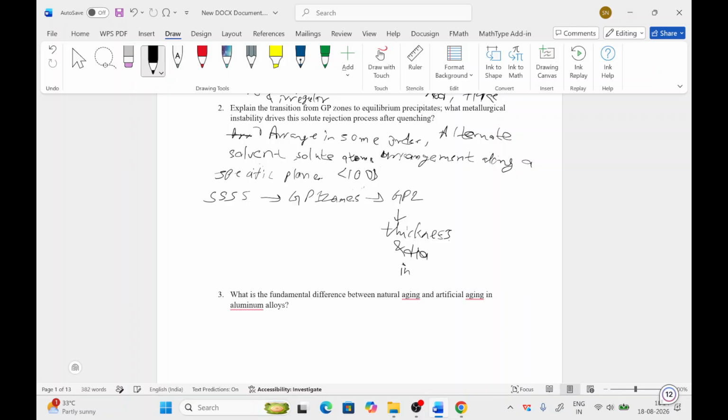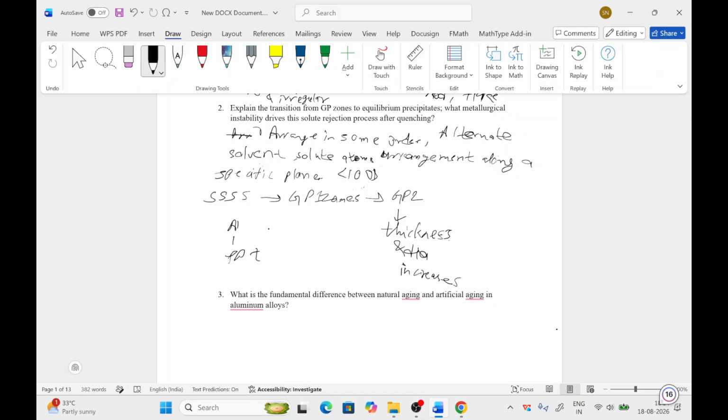Dia increases. And also we can say that this arrangement has coherency with the aluminum matrix, meaning atom to atom matching we can observe between the aluminum matrix and this precipitate arrangement.